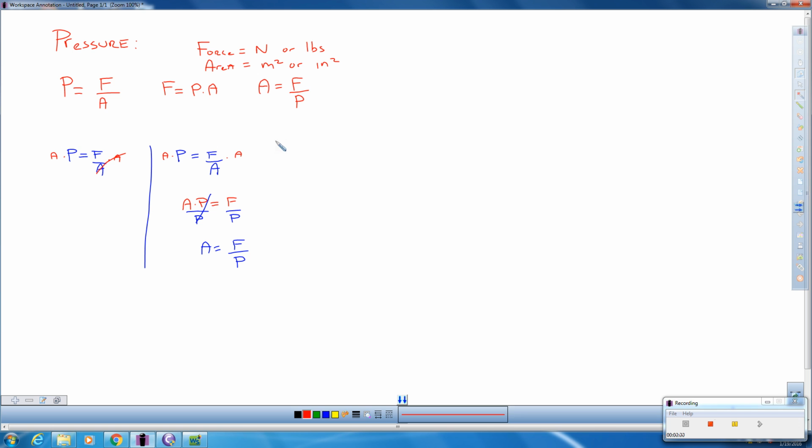Let's just do a quick example here. Say we have a container that has a 10 Newton force acting on it, and we know that all these forces are acting upon this out of here.